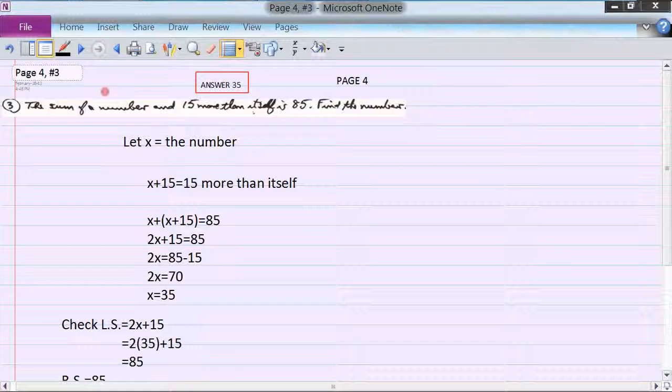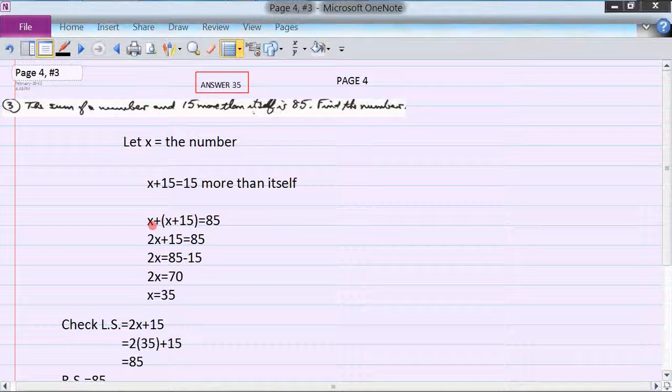So we're looking at a problem where it says the sum of a number and 15 more than itself is 85. So let's say the number is x, then x plus 15 is 15 more than itself. So we're saying the sum of a number and that number plus 15 is 85.